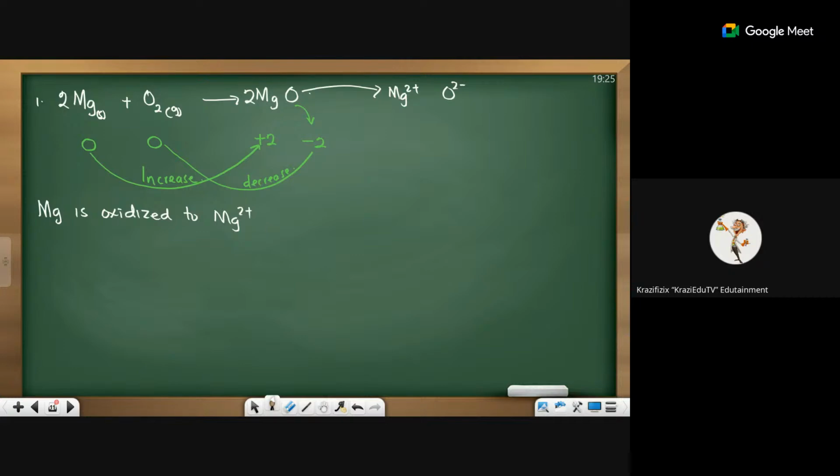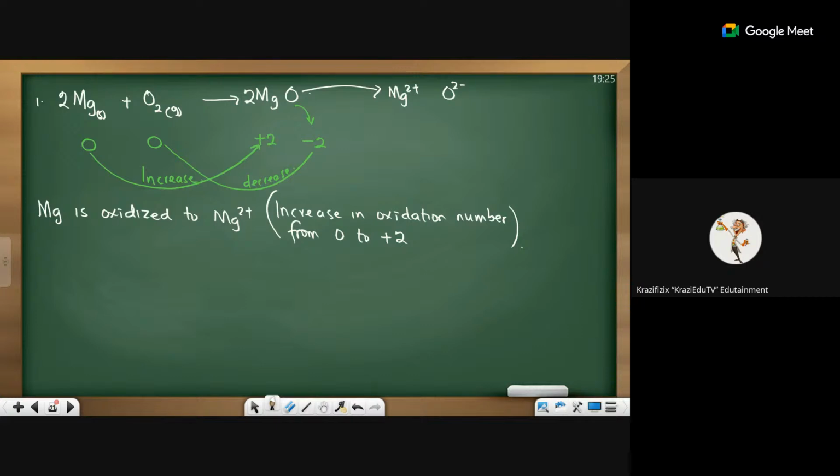Magnesium is oxidized. Why? There is an increase. Why is it oxidized? Because there is an increase in oxidation number from 0 to positive 2.